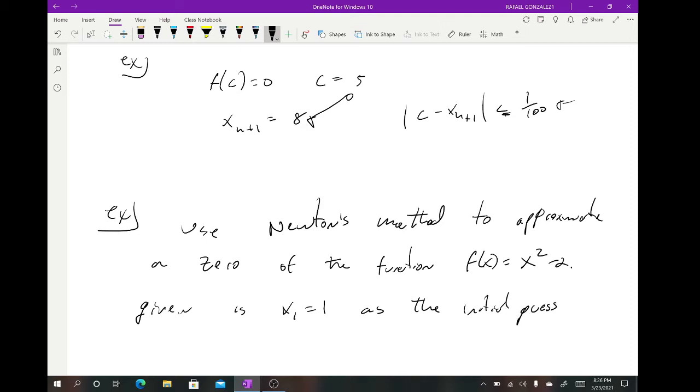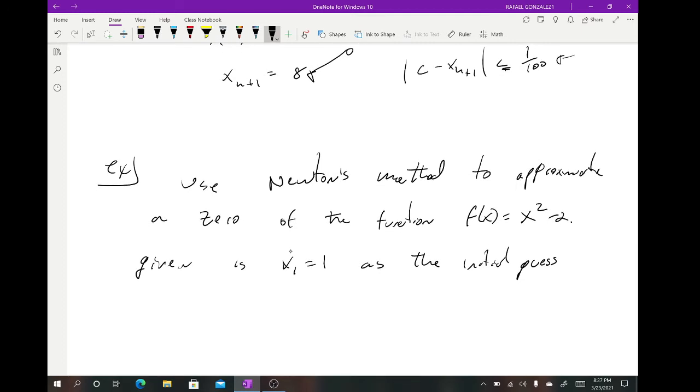Now remember, if you're not given a guess, then you could just pick one. You could pick a value for your x1 to have your initial guess.